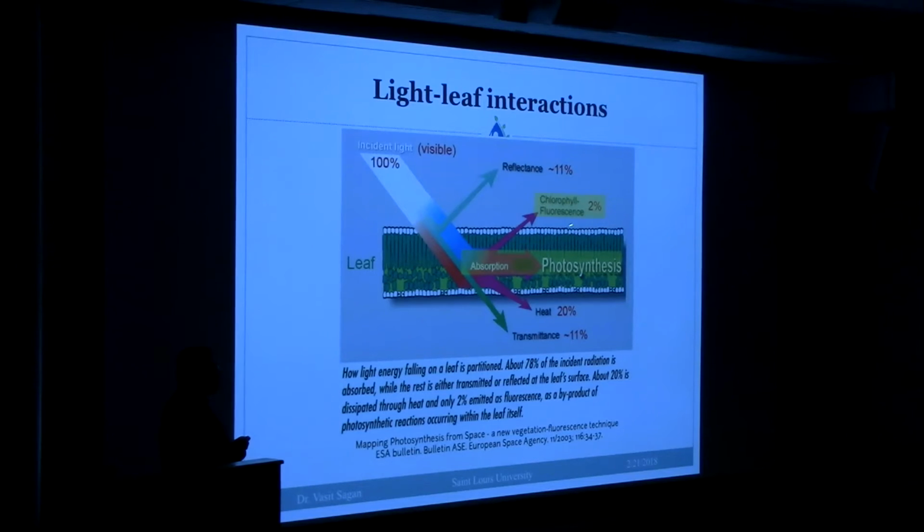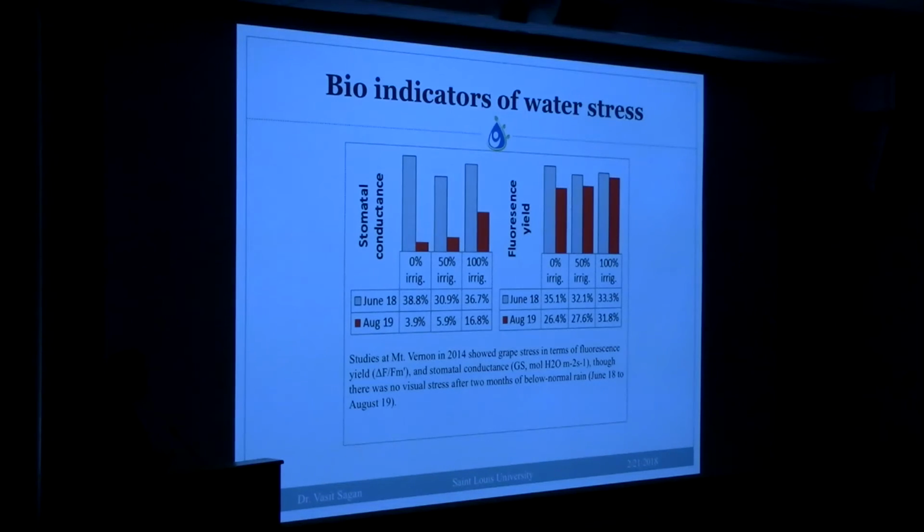So it's about 2%, but it's a very critical parameter that can tell us what's going to happen to plants, an early indication of stress or other issues related to agriculture. Basically, we are looking at those parameters, which can tell us about pre-visual issues on plants.